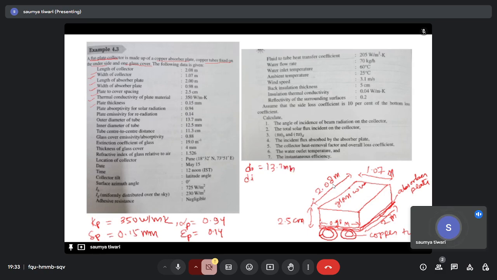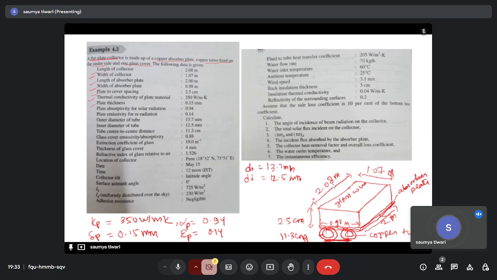Inner diameter is given 12.5. Tube center to center distance is given, which is 11.3 centimeter.